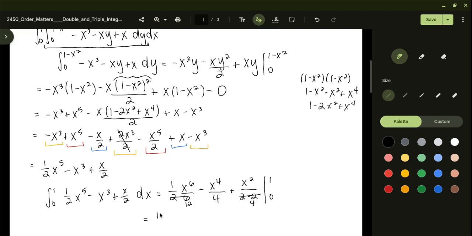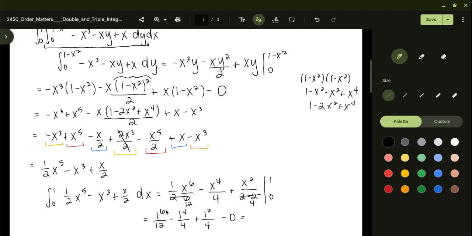So substituting 1, we get 1⁶ over 12 minus 1⁴ over 4 plus 1² over 4. And then minus, so if we plug in 0 for our x, all these terms, because they'll have a numerator of 0, become 0. So we end up subtracting 0.